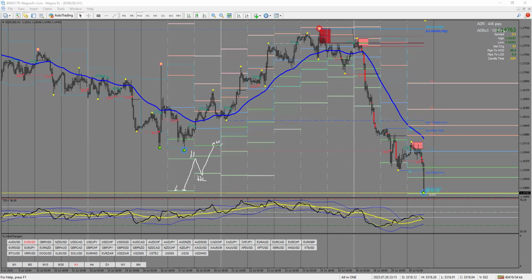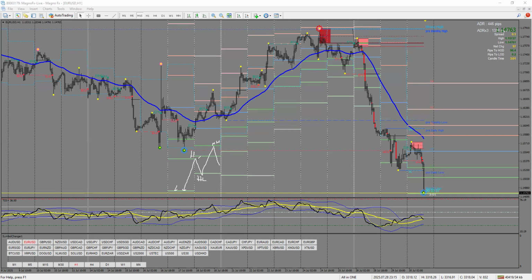What is the setup? The pullback that comes from the higher high, which is called a higher low. Normally, that price pulls back to the previous high. From the higher high, it pulls back towards the previous high. It doesn't pull back towards the higher low.